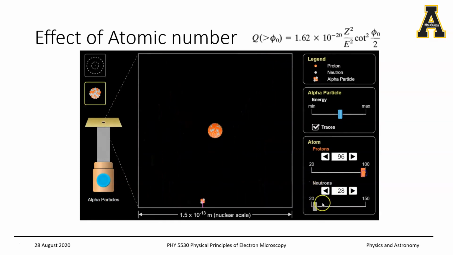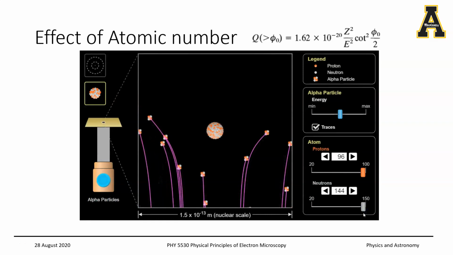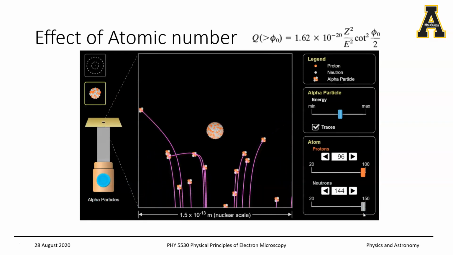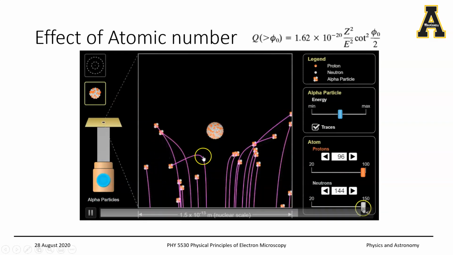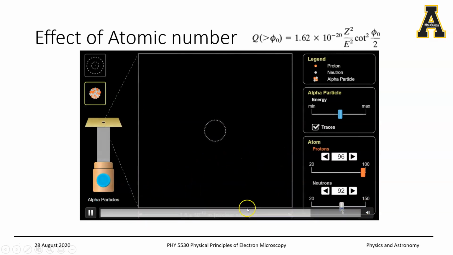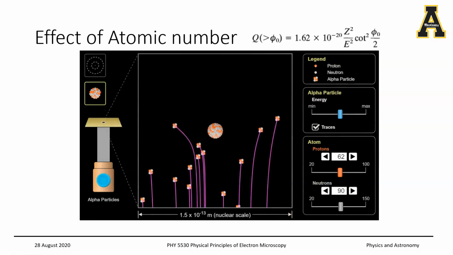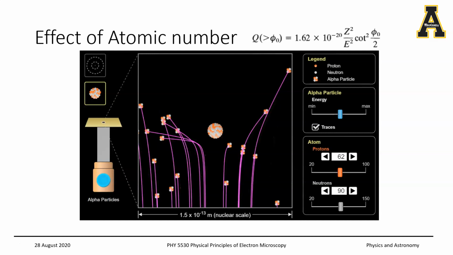Now, if you increase this, this is a heavy metal in the periodic table. Now you will see the electrons are not able to approach the nucleus as much, and there's a larger concentration of electrons that are sort of coming back. So if you bring it back to the initial values, that's an intermediate size atom, you have these electrons that are approaching the nucleus and getting scattered elastically.